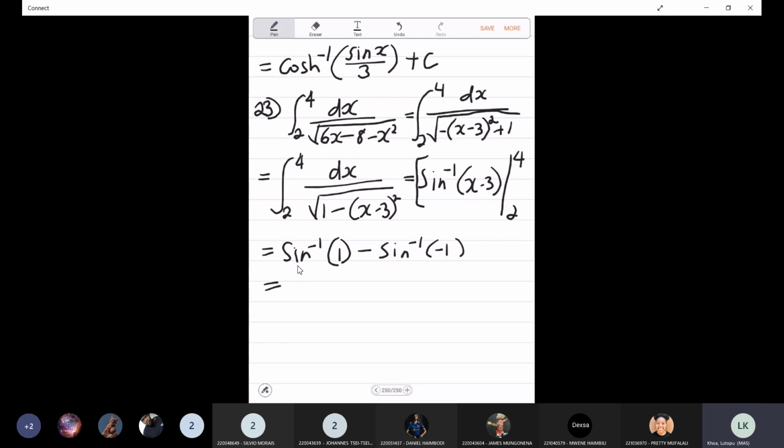So here, let's put 90 degrees. And then minus sine inverse of negative 1, that is 270. Is that right? Yeah.